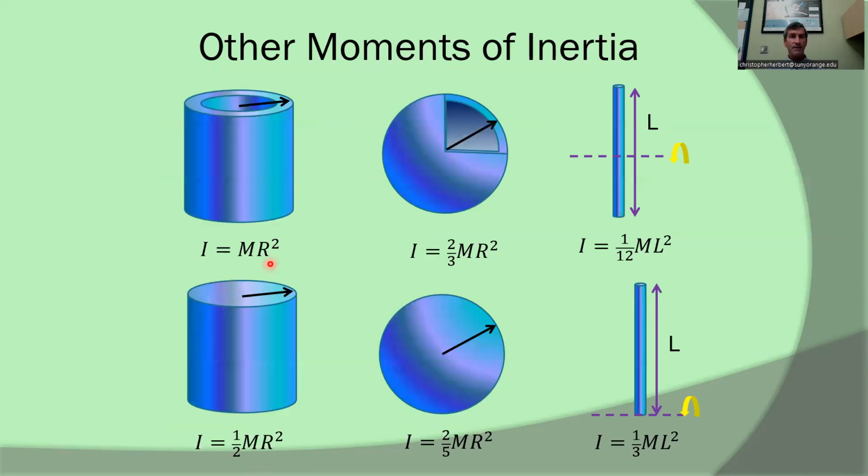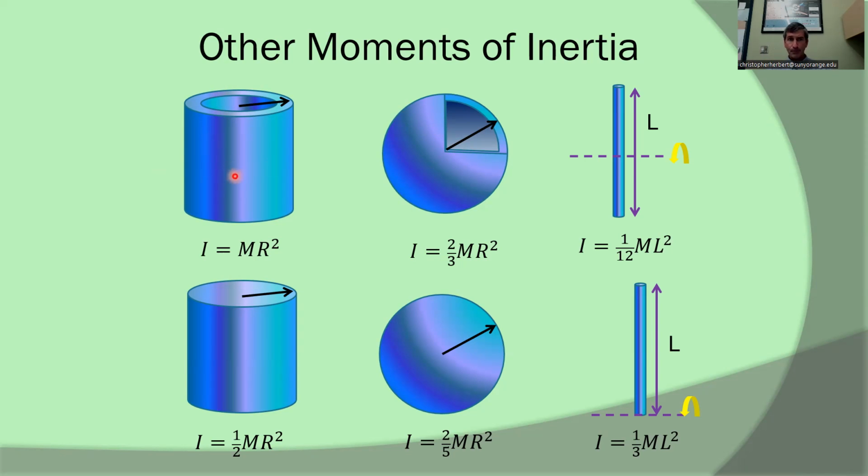So again, different objects shaped differently will have different moments of inertia. All the moments of inertia here are for the axis of symmetry. If I rotated it along a different axis, for the cylinders, I would get a different moment of inertia, and I'd have to calculate that using integrals again for the different directions.